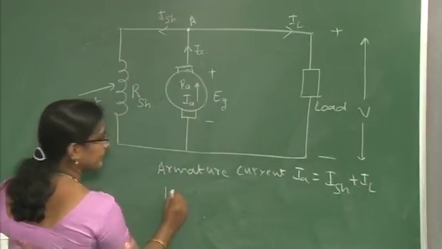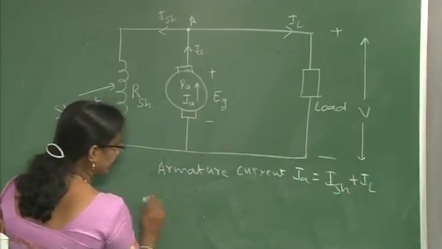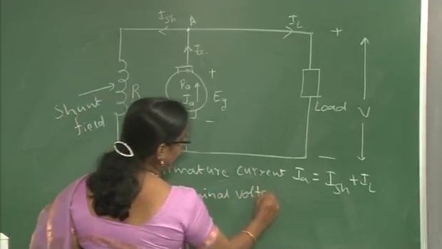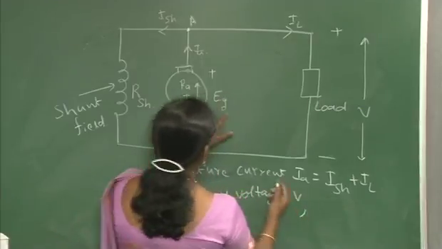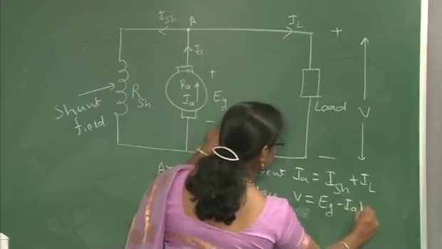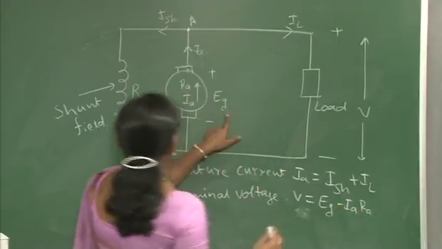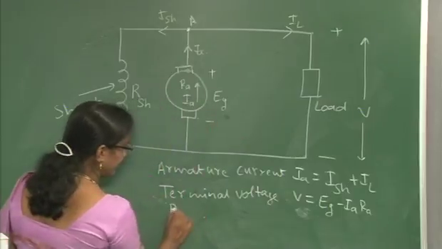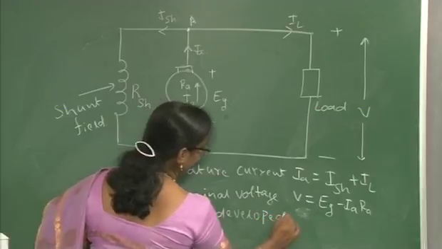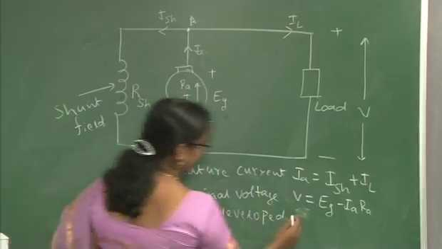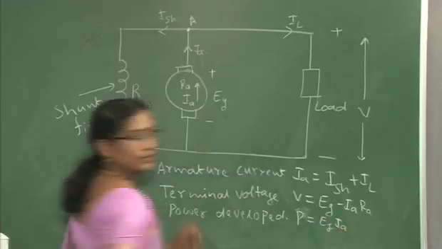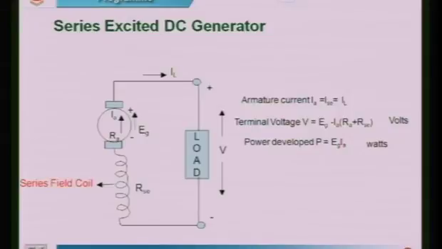Then what is the equation for the terminal voltage? The terminal voltage V is equal to EG minus IA RA. And then the power developed is equal to EG into IA. These are the equations.